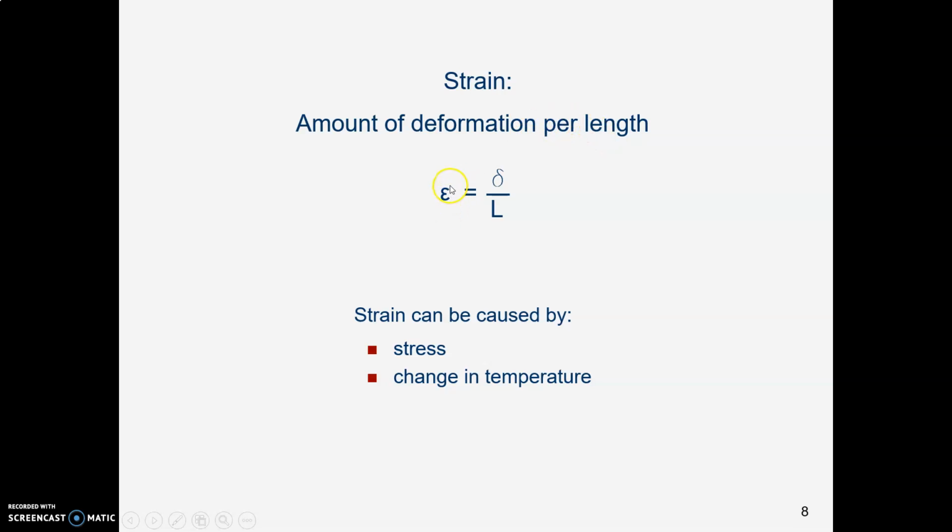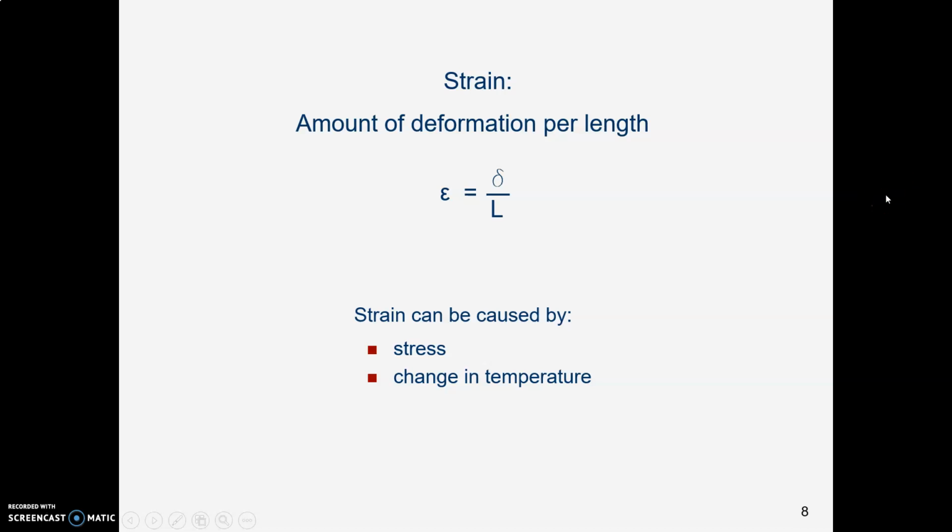We represent strain with another Greek letter. This is a lowercase epsilon. Looks a little bit like an E. So epsilon. You don't need to remember that. Strain is change in length divided by original length. So the amount of deformation per length, that is the strain.